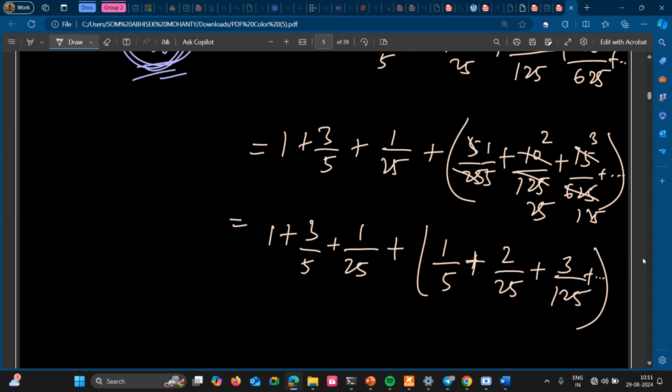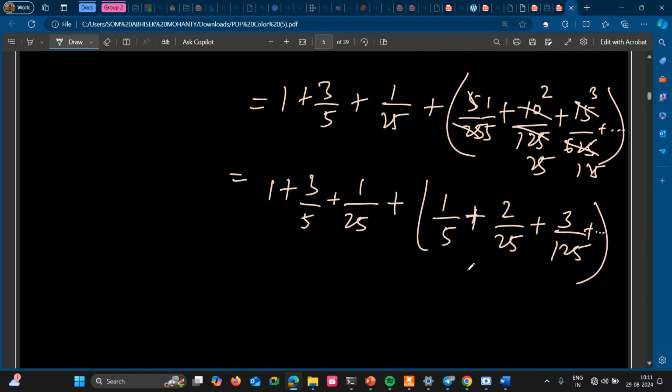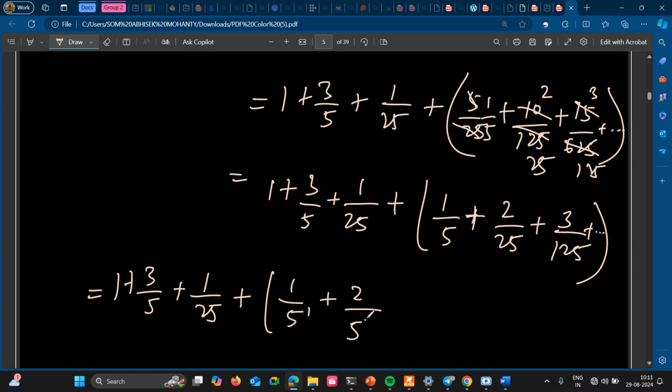So what can I do from here? I can do one more thing. I'm getting a pattern slowly. 1 by 5 to the power 1 plus 2 by 5 to the power 2 plus 3 by 5 to the power 3, dot, dot, dot. Can I do something from here?